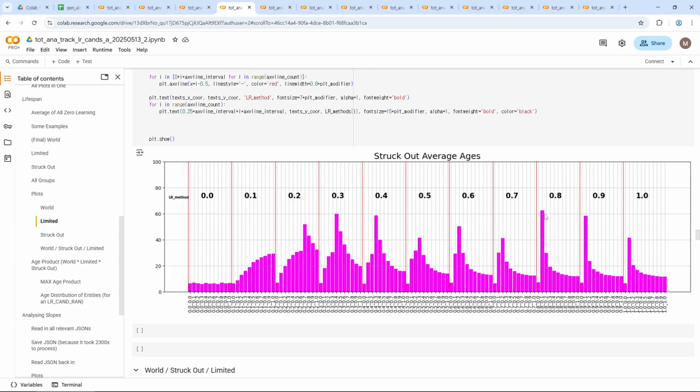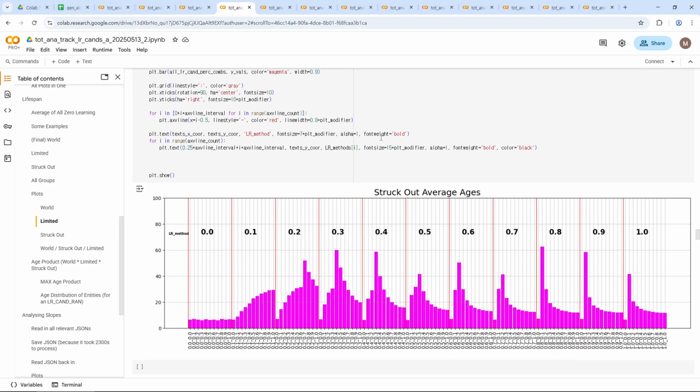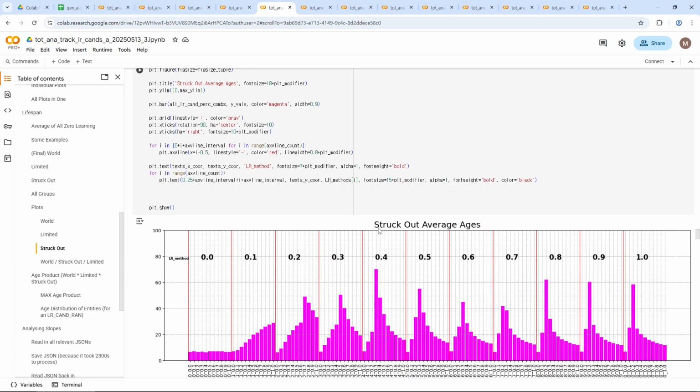So the maximum was what, 62, which I think is this one. No, the maximum is 70, which is this one.